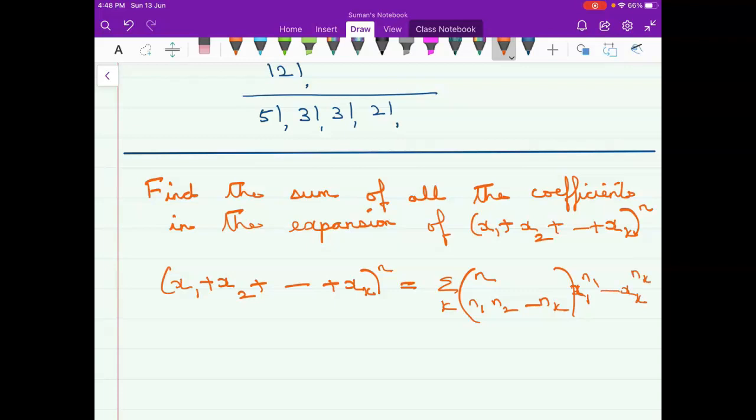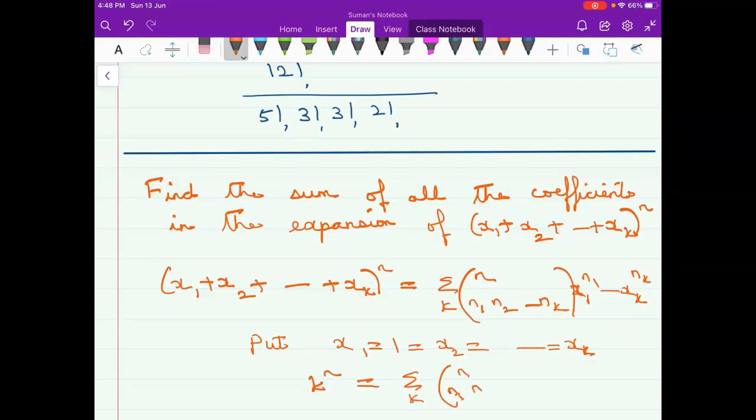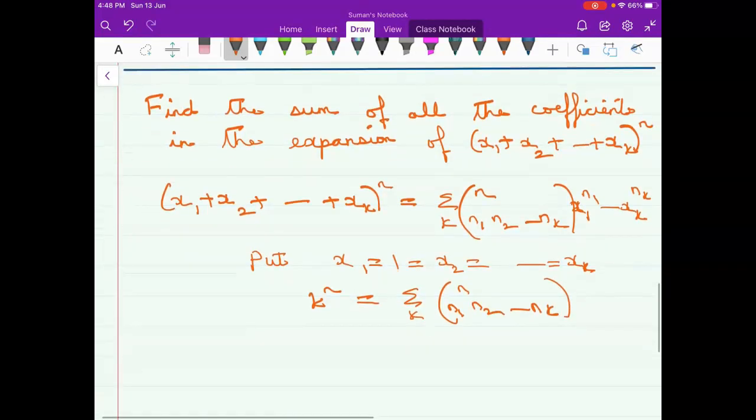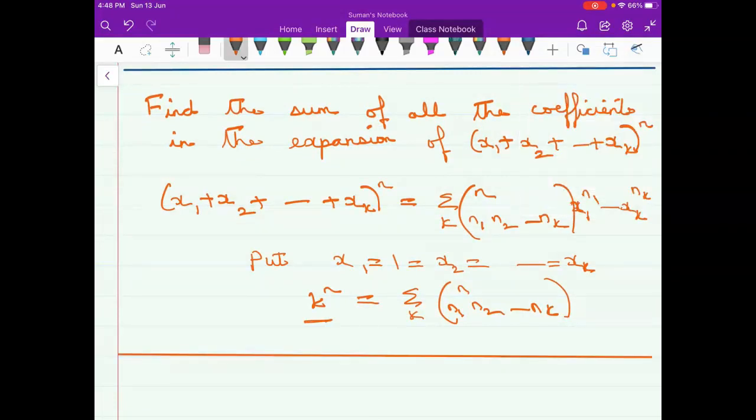Now here put x1 equal to 1, x2 equal to 1, up to xk equal to 1. So you get k raised to n is summation over nC n1 n2 nk, and that is the answer. Sum of all the coefficients is k raised to n.